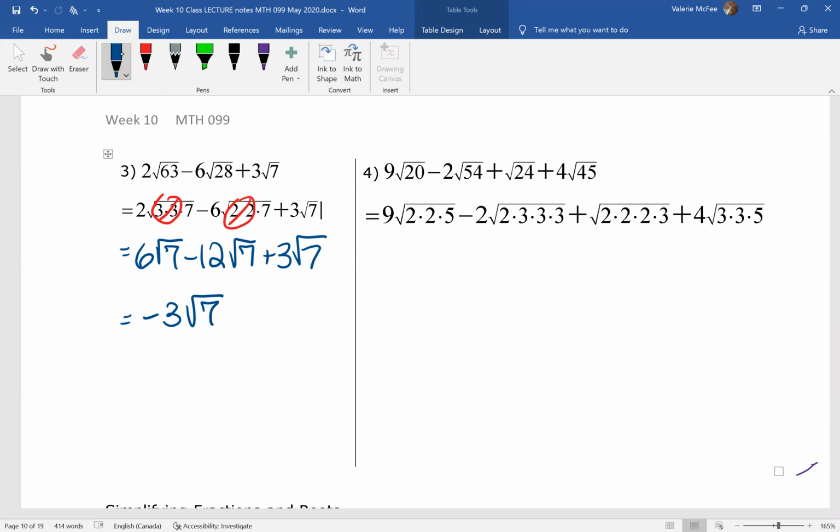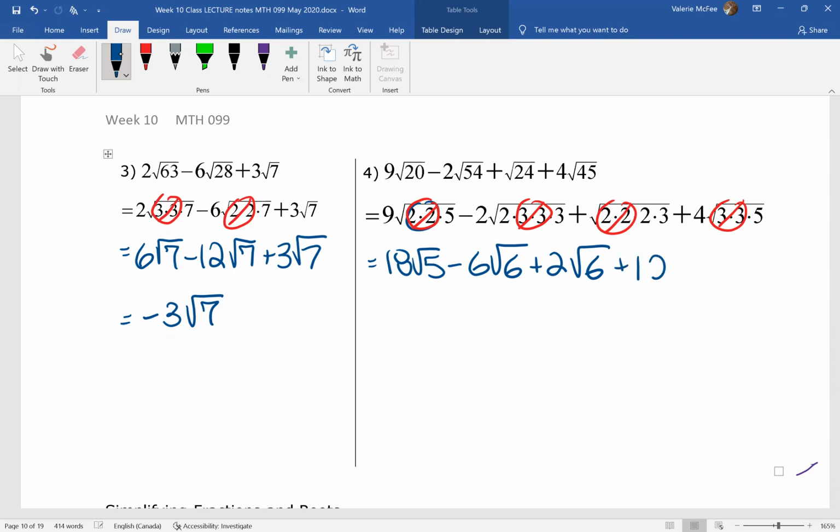What about question 4? I hope you were able to do this one. So 9 times 2, that simplifies to 18 root 5. 2 times 3 minus 6 root 6 plus 2 root 6. 4 times 3, 12 root 5.